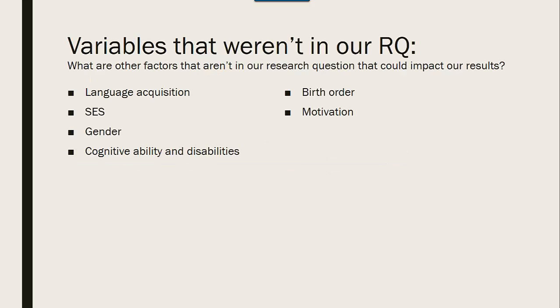Remember that I said there are a lot of potential variables. Some things that could influence our results in this research question could be students' language acquisition. If I have a lot of students who are English language learners, I might find they have a different result with goal setting than my students who are native English speakers.